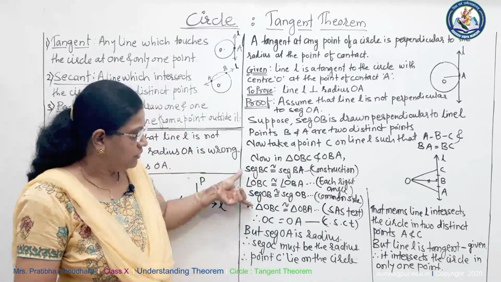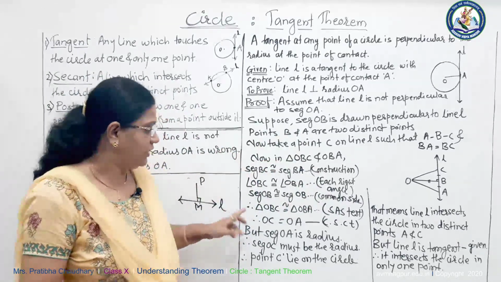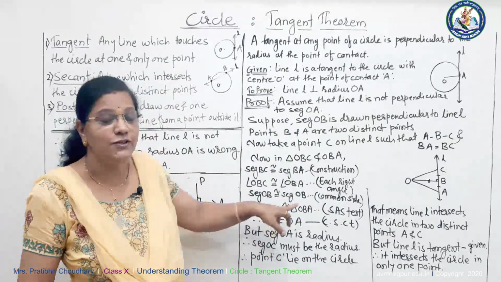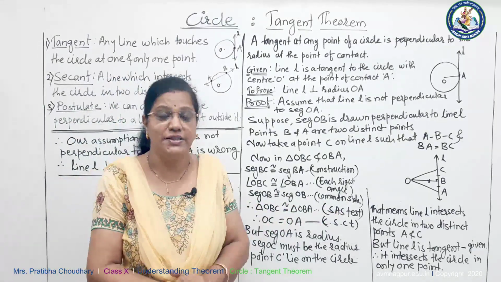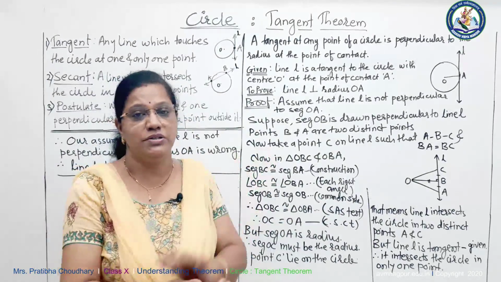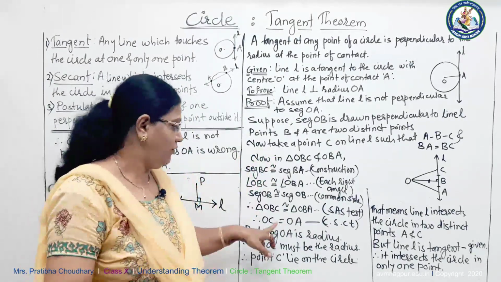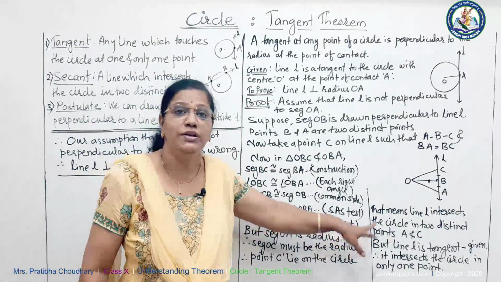By this group of three elements, we can say triangle OBC is congruent to triangle OBA by the SAS test of congruency. Corresponding elements of both triangles are congruent to each other. In the same way, OC is congruent to OA, corresponding sides of congruent triangles.